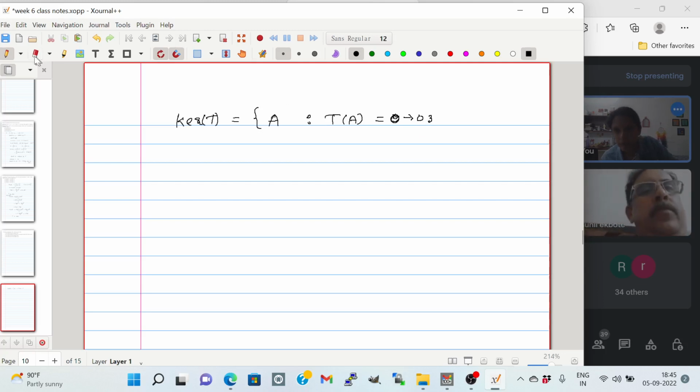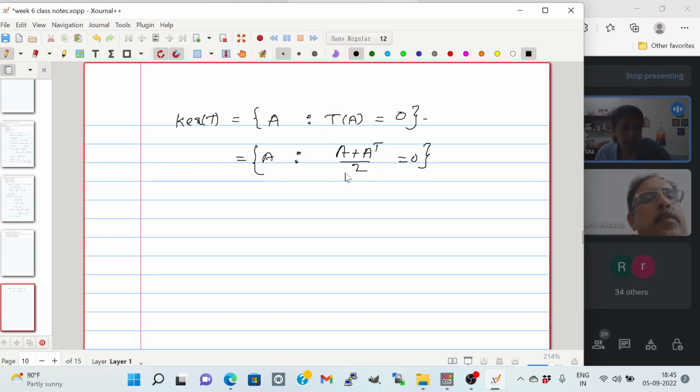So this is the set of all matrices A. By definition, T of A is (A plus A transpose) by 2 equals 0. So we need to find all such A which satisfy this condition.